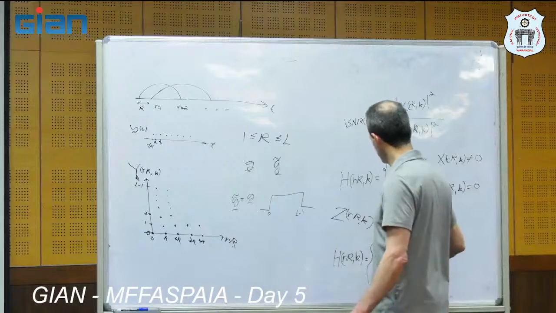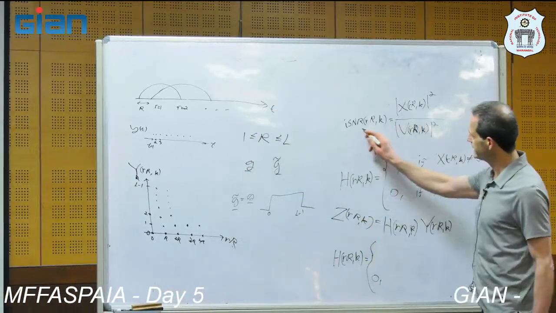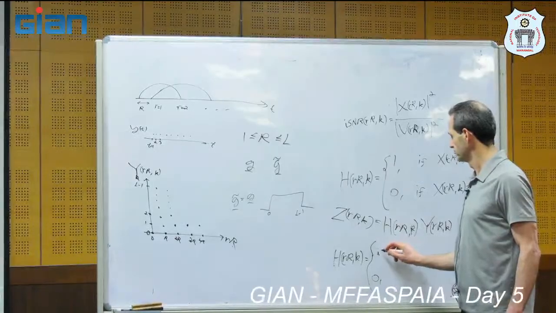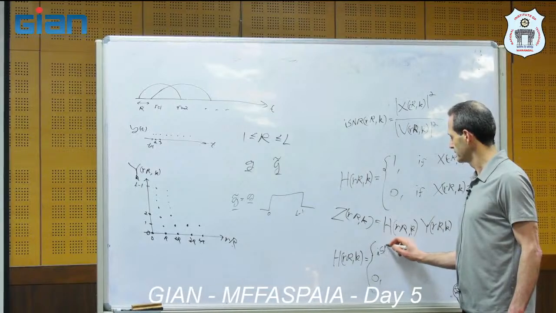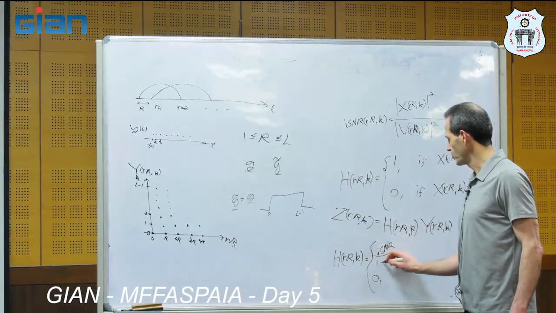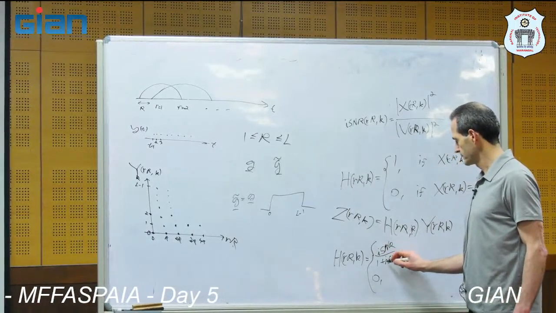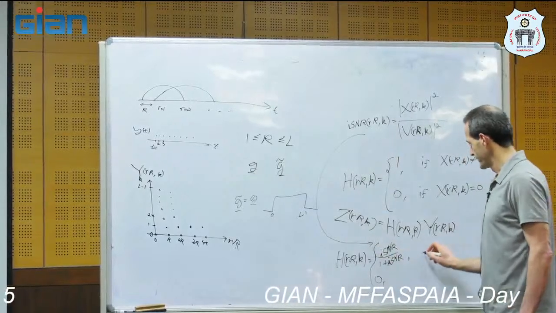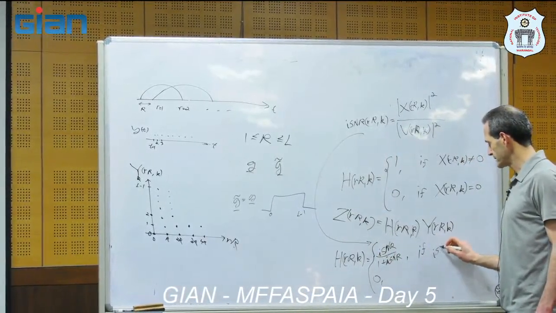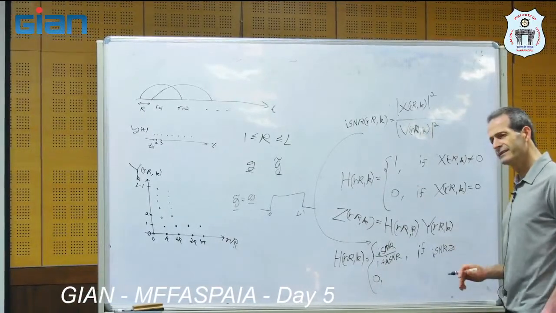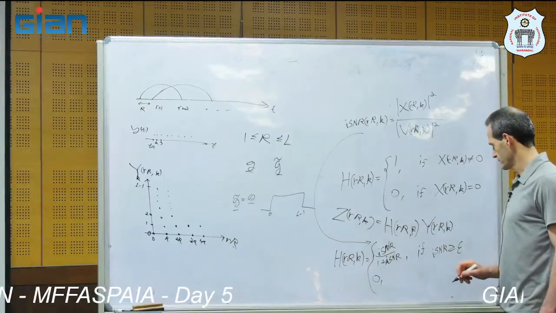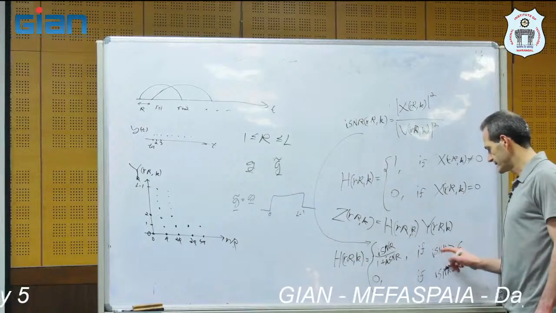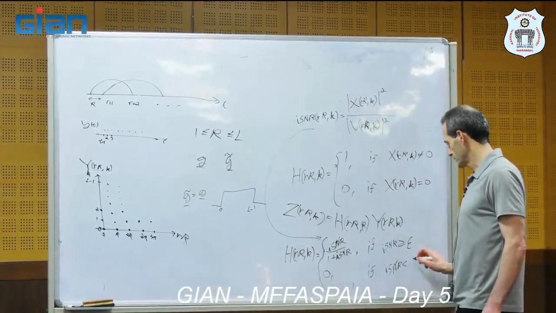So I will use input SNR divided by 1 plus input SNR, for each time frequency bin, if the instantaneous input SNR is larger than a certain threshold, epsilon, and 0 if the input SNR is smaller than epsilon.